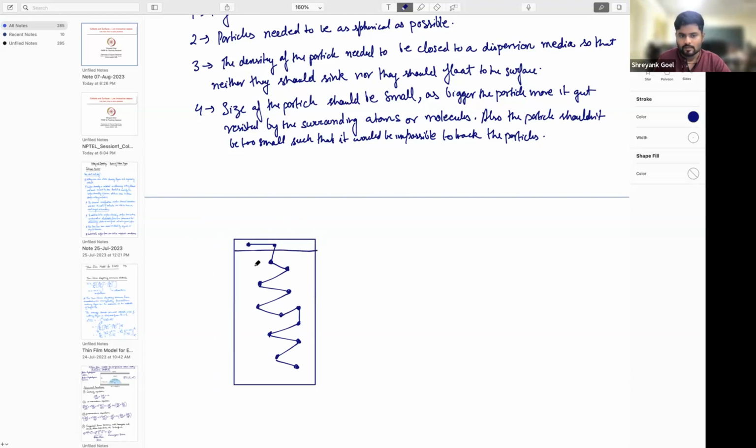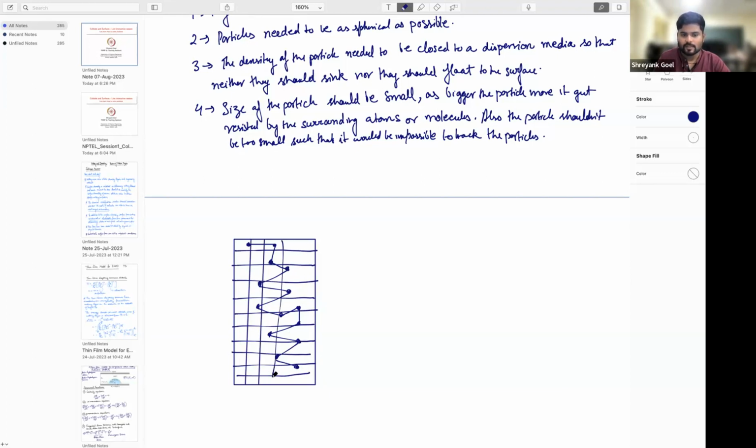So something like this, we have a uniformly spaced grid, to track this particle and find out the mean square displacement.